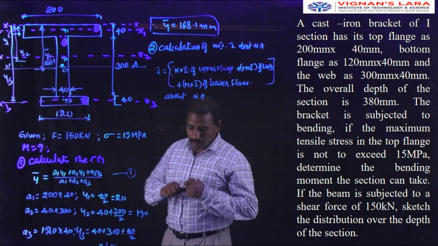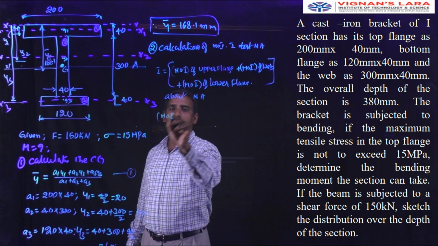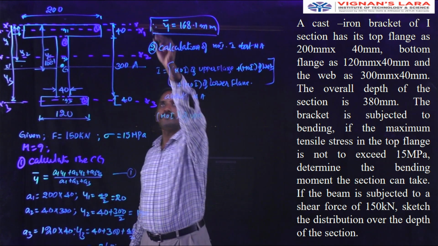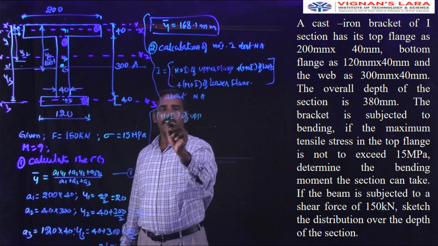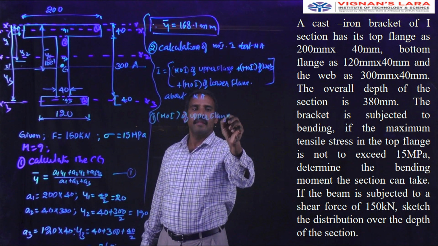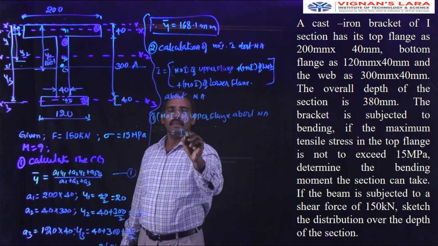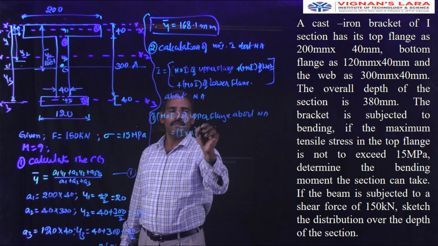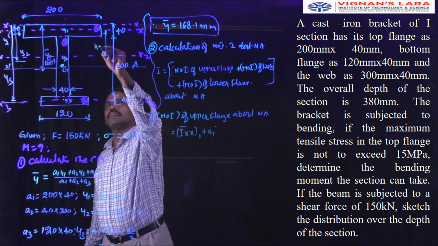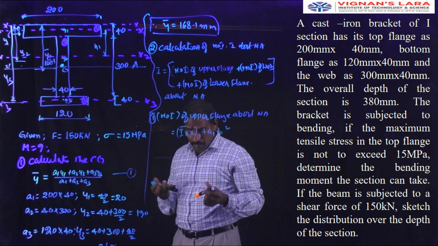Mathematically, the first one is the moment of inertia of the upper flange, say 1, about NA. It means Ixx bar of 1 plus A1 times the perpendicular distance, assumed as h1, squared.